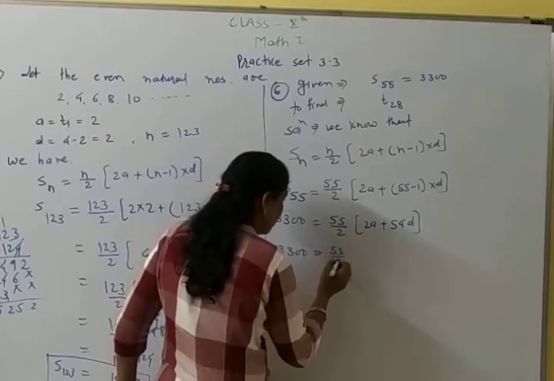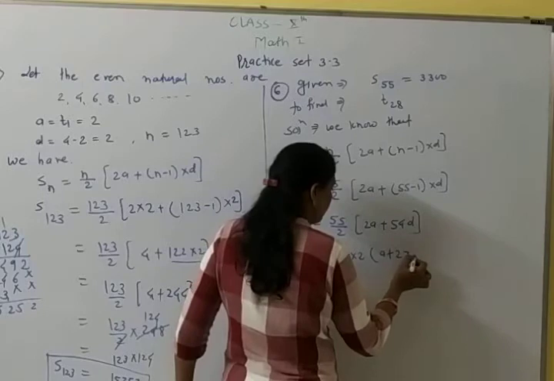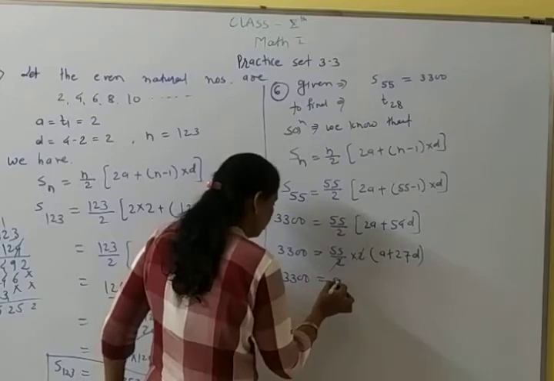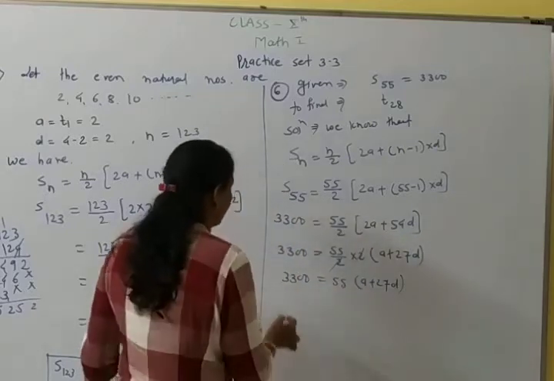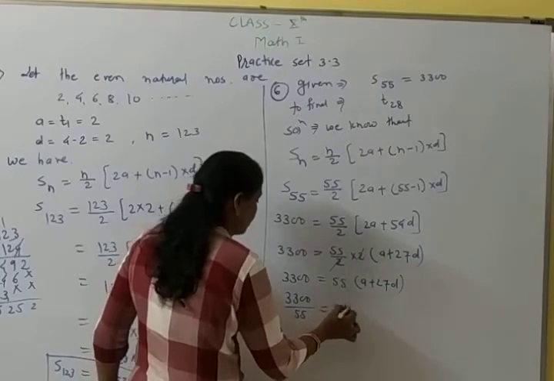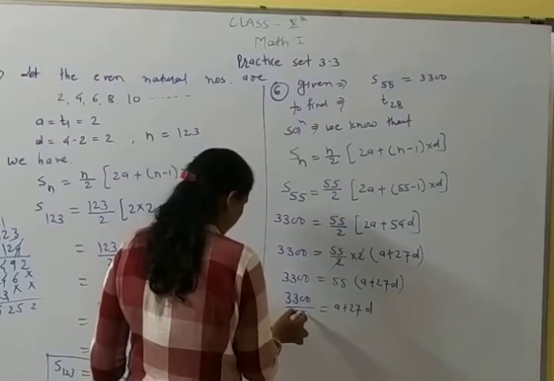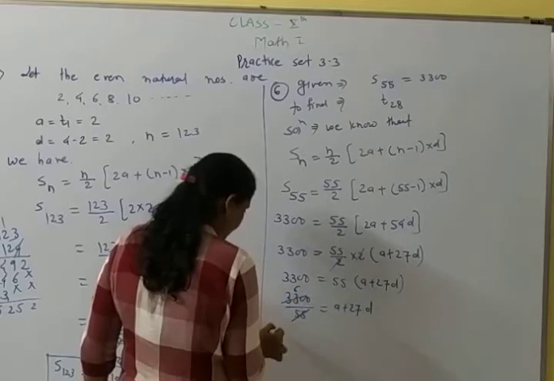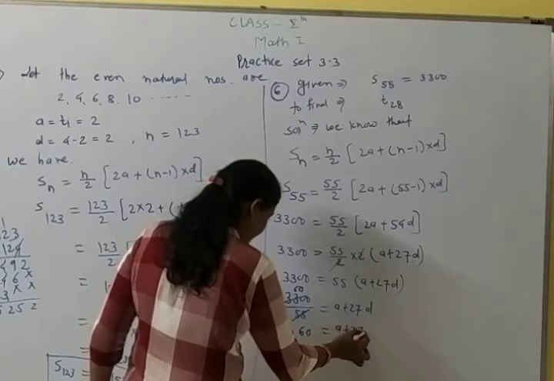3300 equals 55 upon 2 into twice a plus 54d. 2 is common, and the remaining term is a plus 27d. Here the 2 gets cancelled, so 3300 equals 55 into a plus 27d. 3300 divided by 55 equals a plus 27d. 55 times 6 is 330, and the remaining 0, so 60 equals a plus 27d.